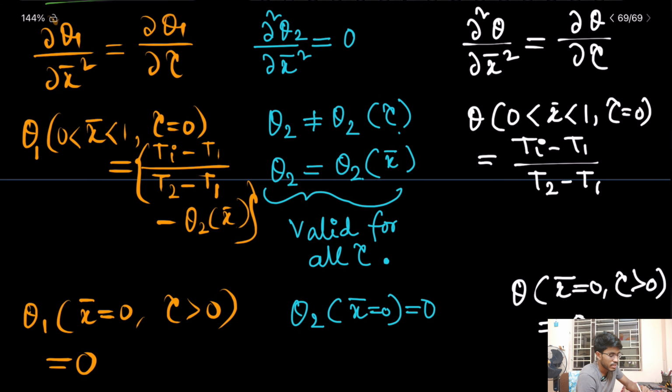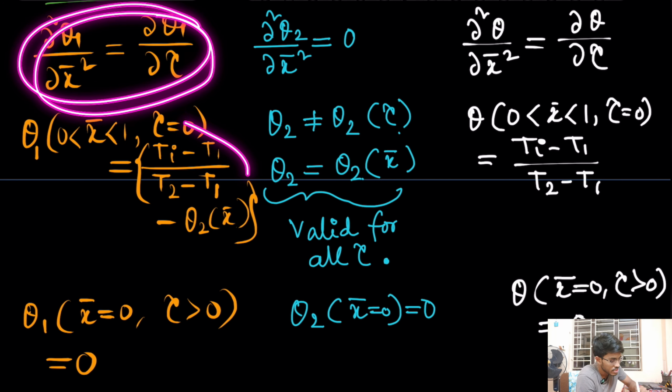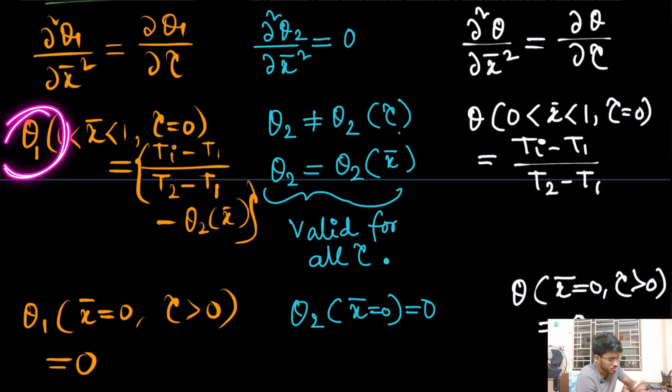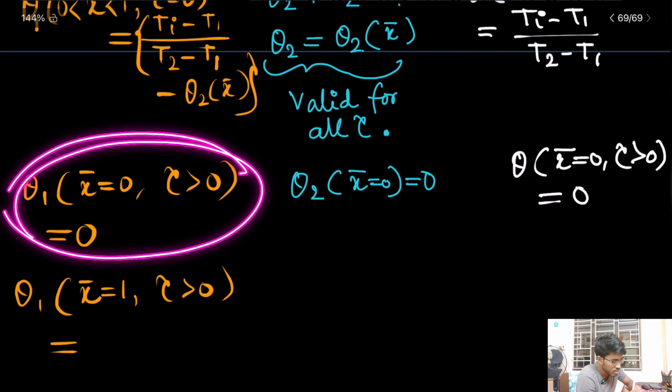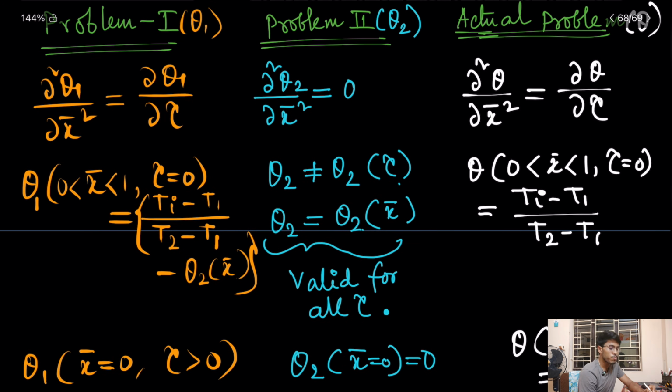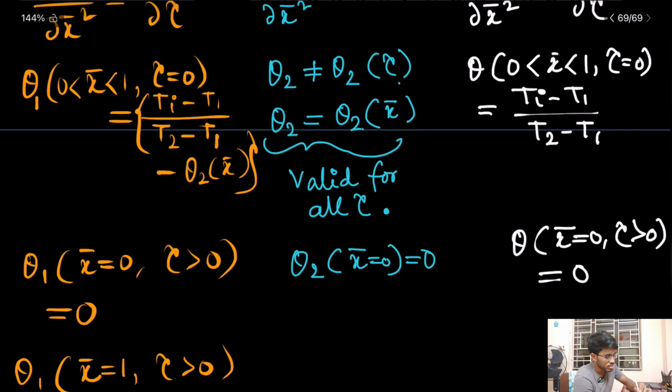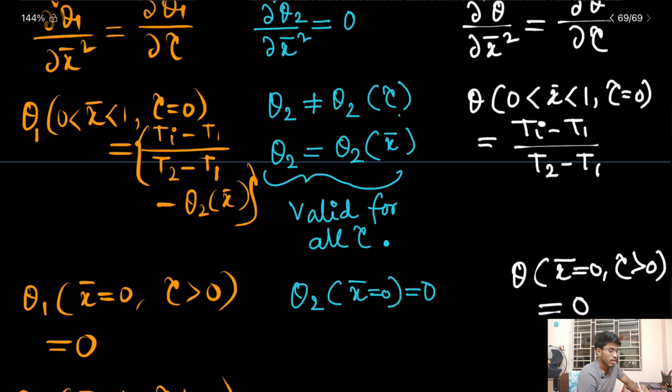Now see, here this equation is homogeneous, this is inhomogeneous, because I have this term here, and also theta 2 is like a constant for theta 1. This is also homogeneous. Now the purpose of breaking this actual problem into smaller problems was that I must not get more than one inhomogeneous equation in any problem.